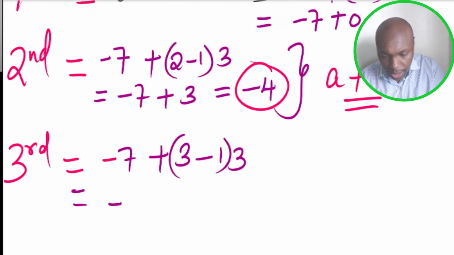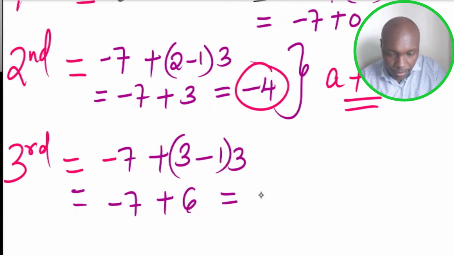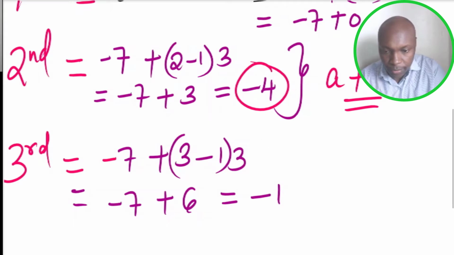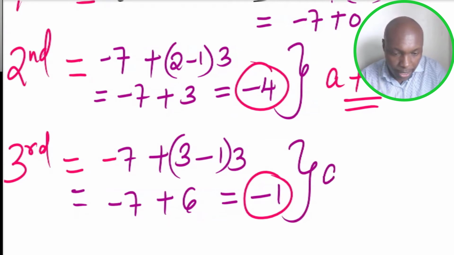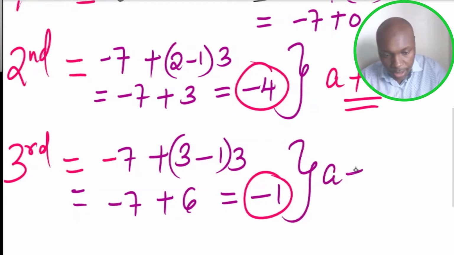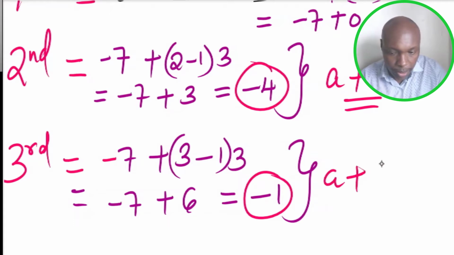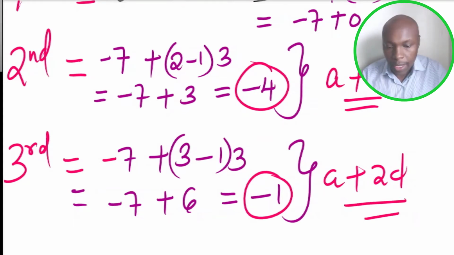This will give -7 plus 2 times 3, which is 6, and this will give -1. So that is -1. So you notice that the third term is given by a plus 2d. That is how we get that term.